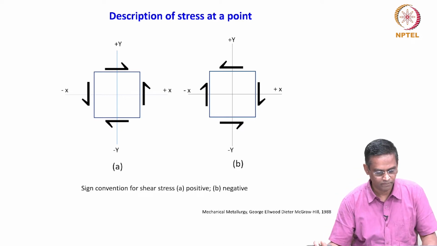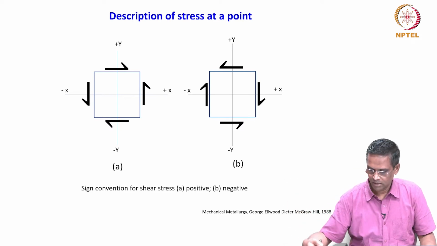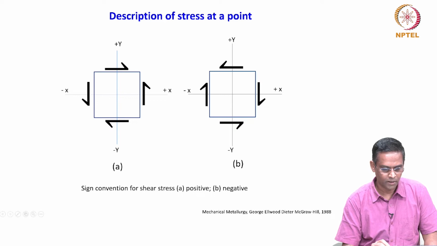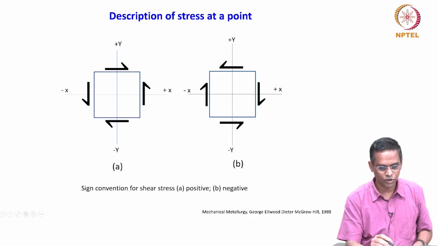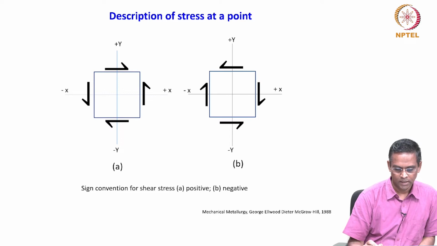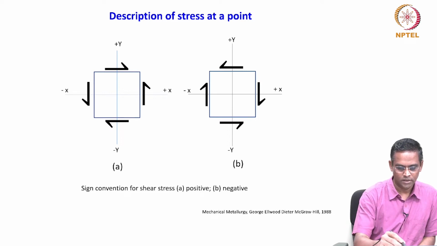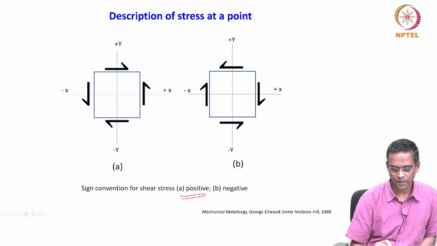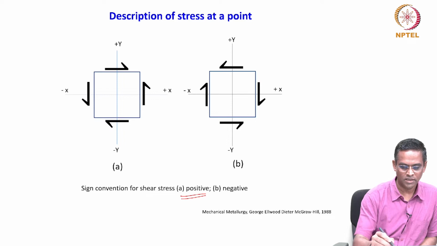So, for example, if you look at this diagram A, the shear stresses are shown, and this type of notation is termed as a positive shear stress. Okay, so you can understand this diagram.